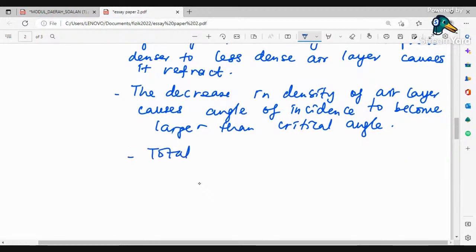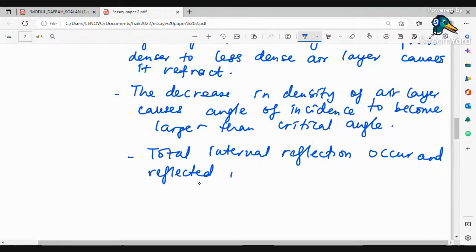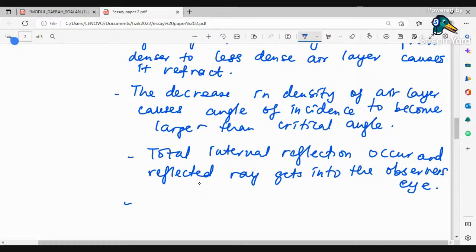Total internal reflection occurs. Reflected rays get into the observer's eye. The observer observes an image on the road.